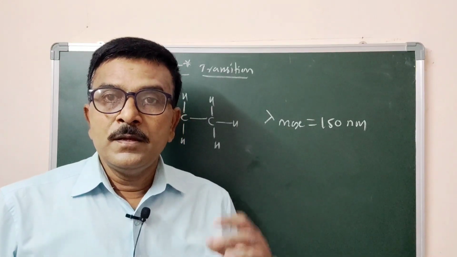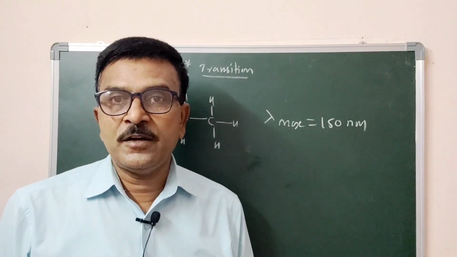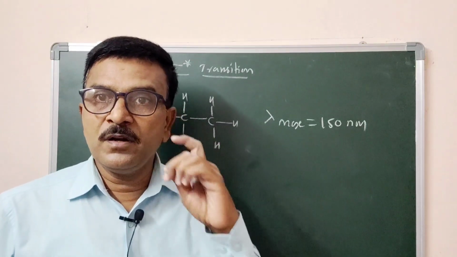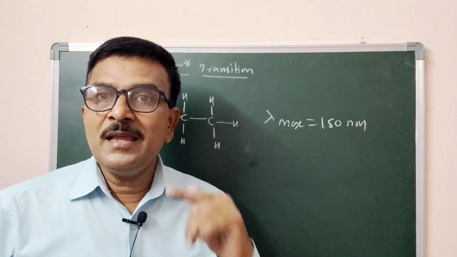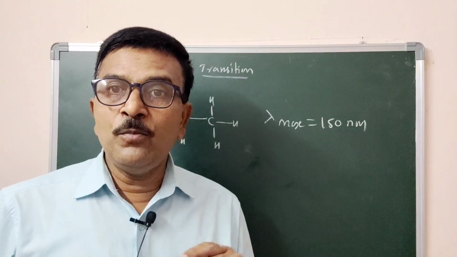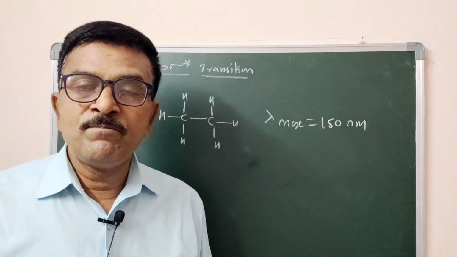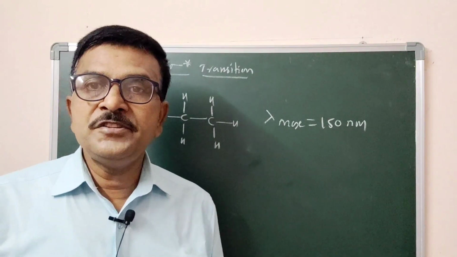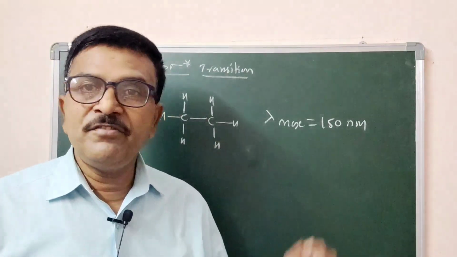Therefore, this type of transition is not observed in the UV spectrum. Are you following? However, the sigma to sigma star transition is possible, but it needs higher energy, that is a wavelength of nearly 150 nanometer. This energy is not available in the instrument, where we are operating with the energy of 200 nanometer to 750 nanometer, but it requires 150 nanometer.